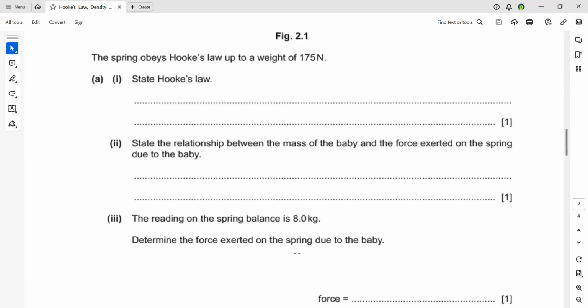State Hooke's law. So how do we state Hooke's law?